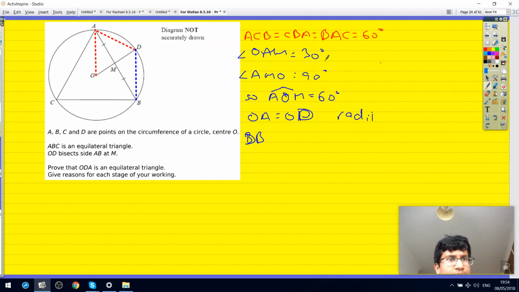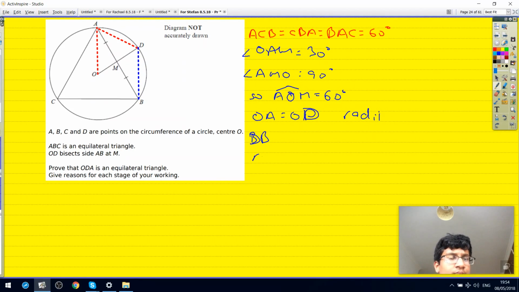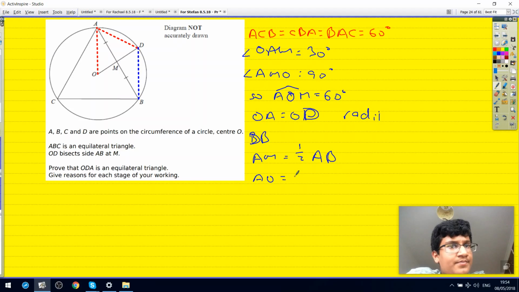So maybe, let's say, AM is a half of AB, and maybe I don't know if this matters, AO is like a half of the diameter or whatever. Half diameter. Okay. So we need this final side.